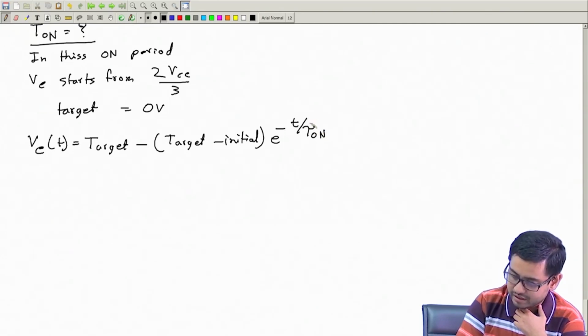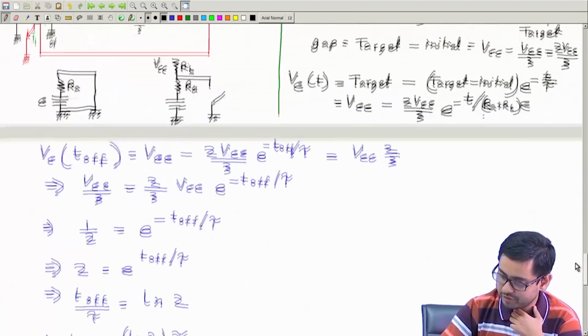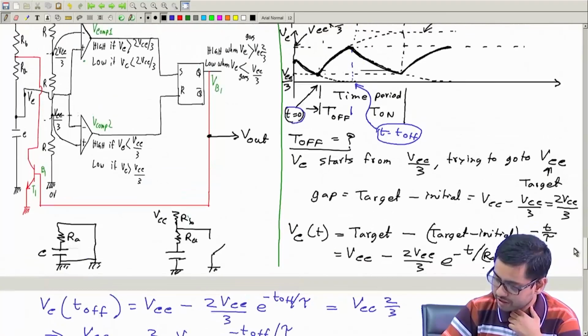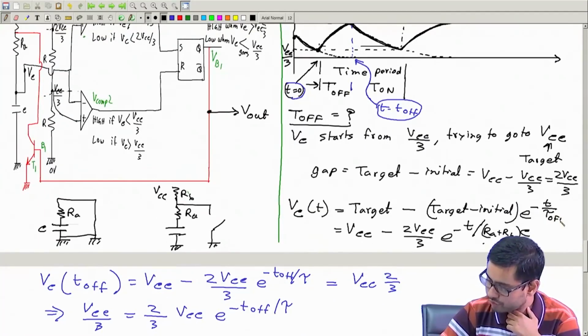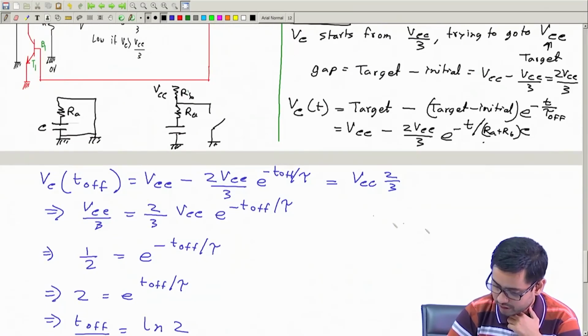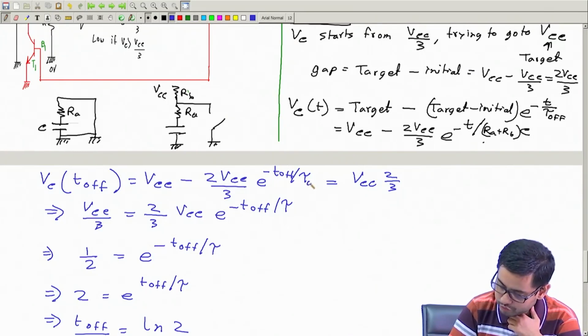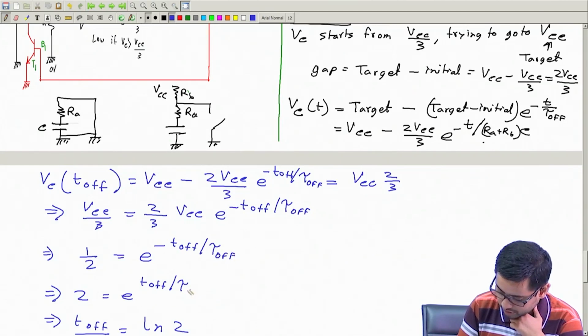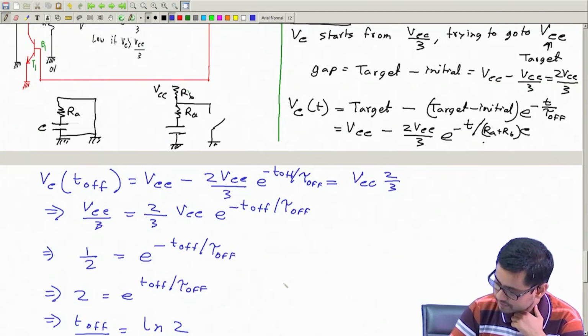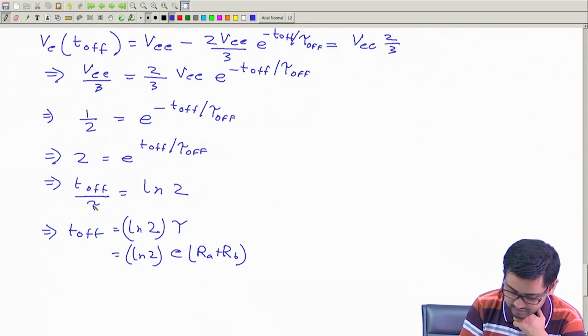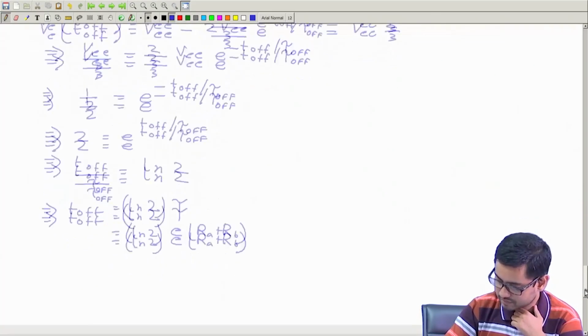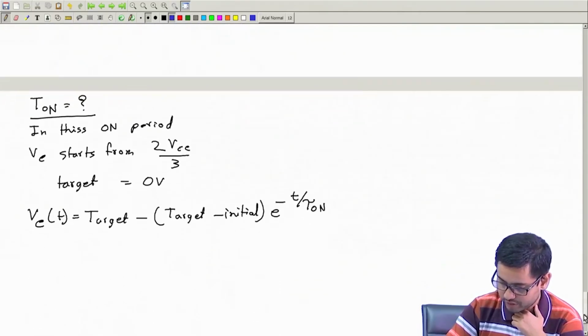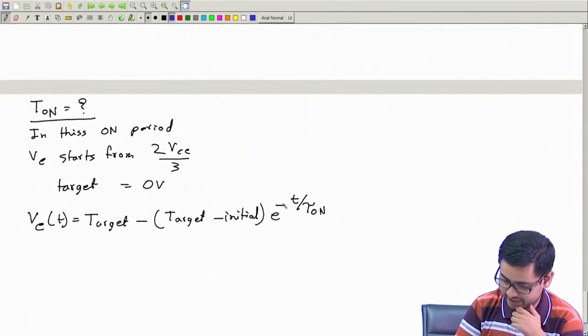This is for the on time. Similarly, the previous one I should better call tau off. Time constant tau off and time constant tau on here in this case.